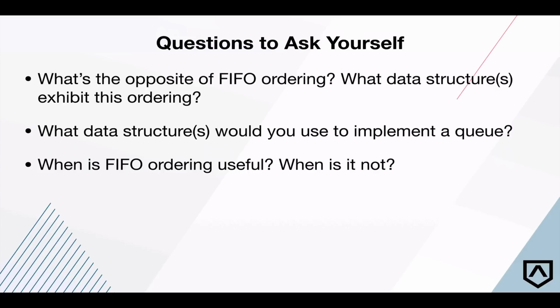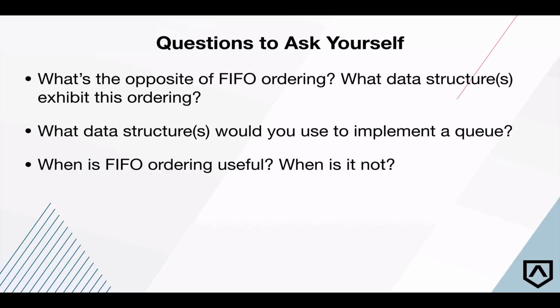With all that being said, there are some questions you're going to want to ask yourself regarding the data structure to better flesh out and conceptualize how a queue works. First, think about what's the opposite of first in, first out ordering? Also think about what are some data structures that exhibit this particular ordering.